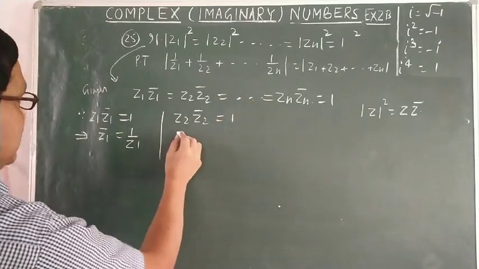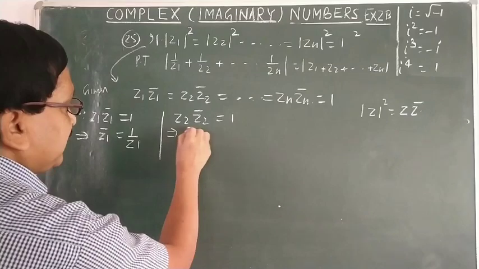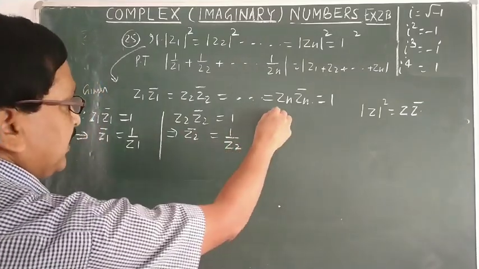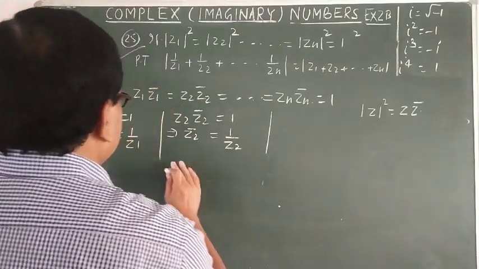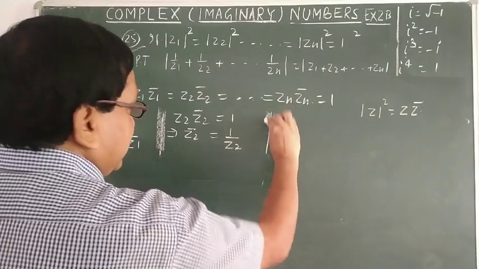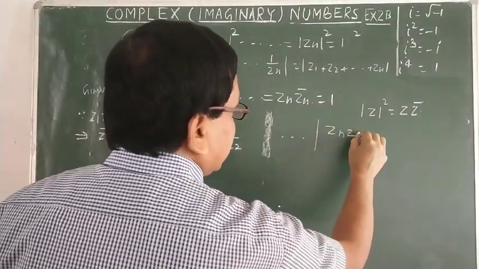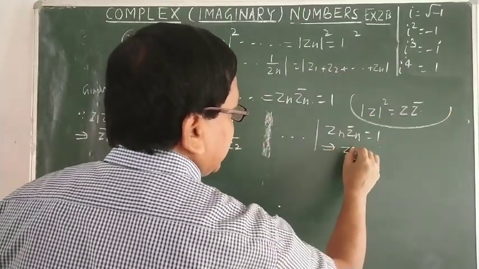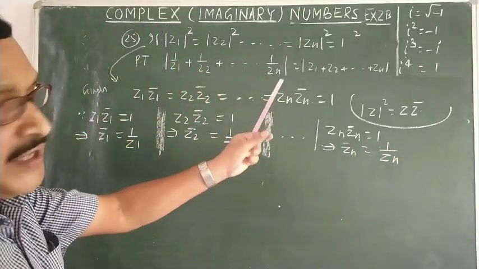So we need 1/Z2, so Z2 bar is equal to 1/Z2. 1/Z2 is ready, 1/Z1 is ready, and similarly take this: Zn Zn bar is equal to 1. So this gives Zn bar is equal to 1/Zn. So 1/Zn is also ready.